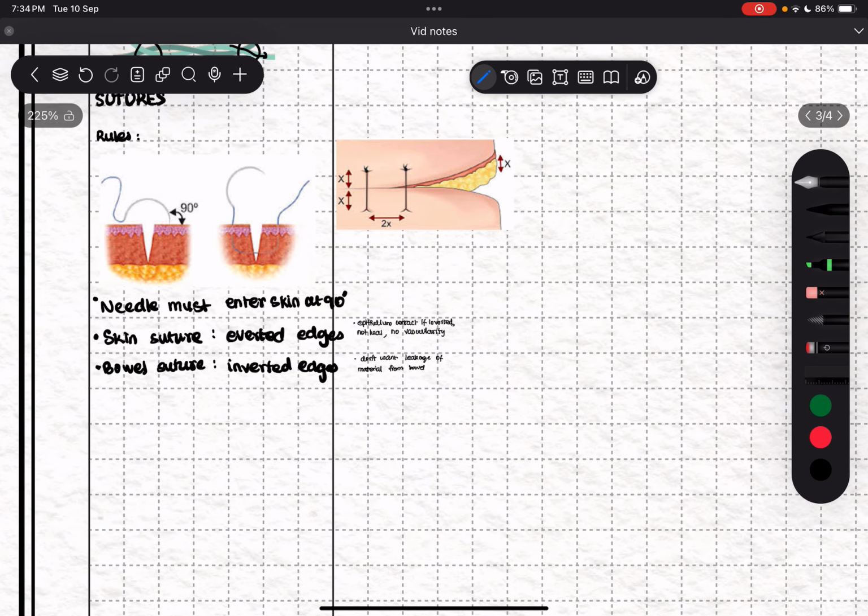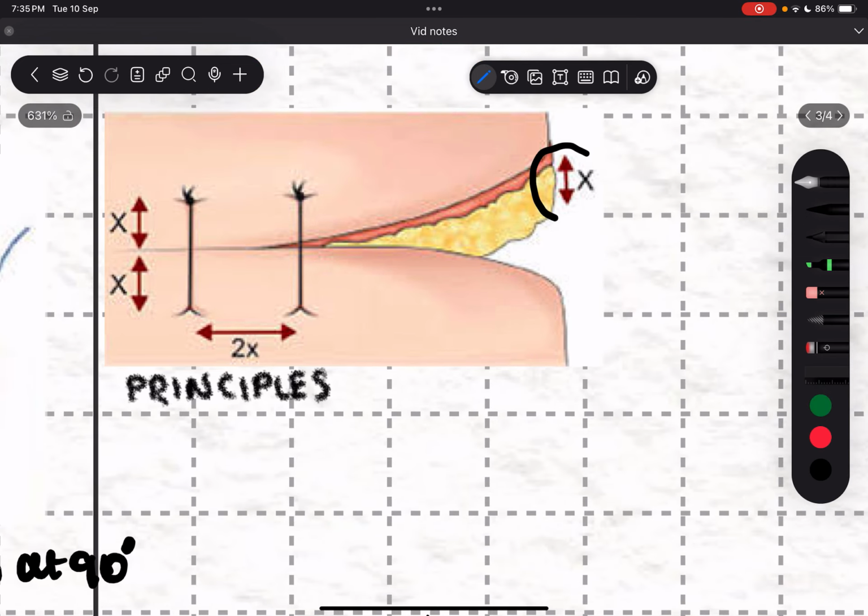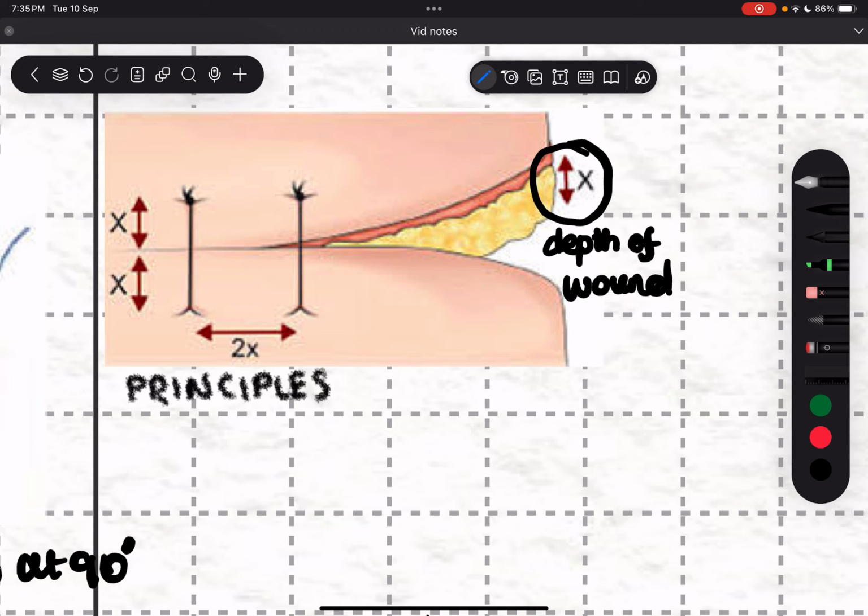Now, the principles of suturing are shown in this picture, where if x is the depth of the wound, the distance between two sutures is 2x, and the distance from the bite taken from the midline will be x.